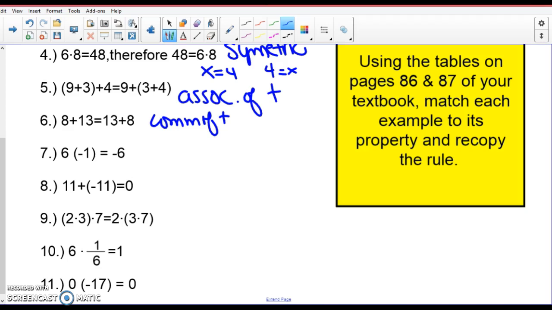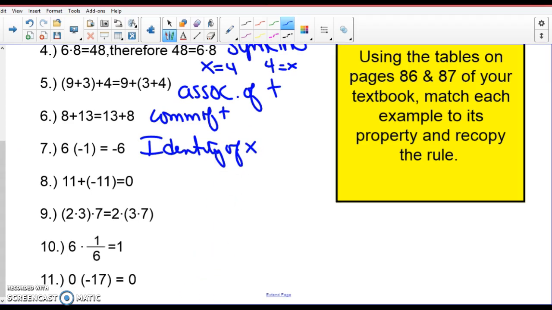That's the identity of multiplication. Here we go. What is that property? 11 plus negative 11 equals 0. Yep, you could say either additive inverse or inverse of addition. If you're adding a number to its opposite, you get 0. Additive inverse.